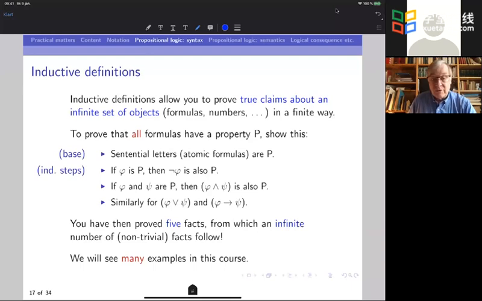So these are maybe 5 facts that you need to prove. Not an infinite number of facts, just 5 facts. But when you have done that, it follows that every formula has property P. So that's something we will see many, many examples of in this course, and I hope you'll see one later today in this class. But before we get there, we go on to some other things.